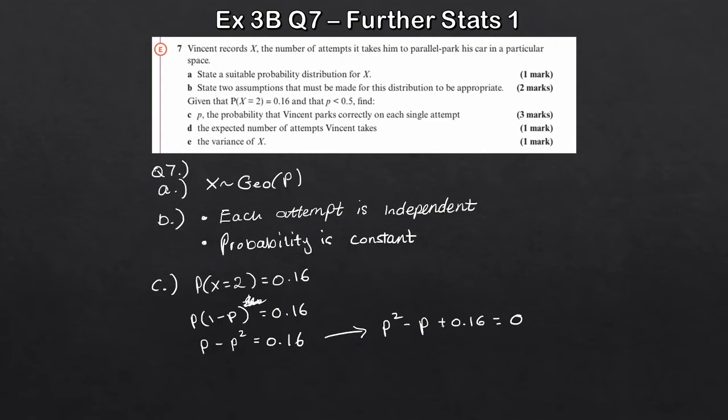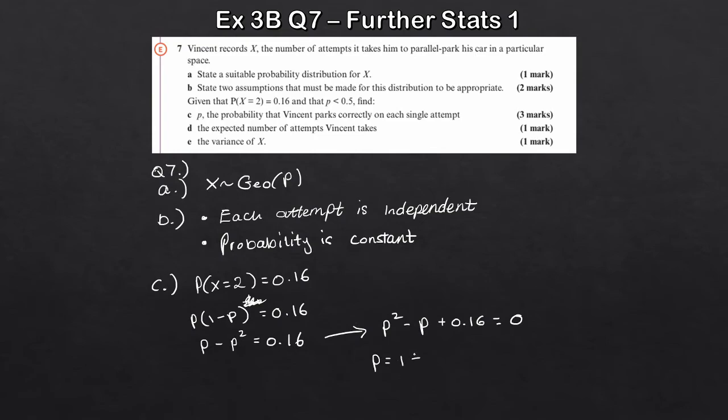Now at this point, it's up to you. You can use your graphical calculator if it has a factorising function on it, and it can factorise expressions like this, or a solve function. But you can either complete the square here or just use the quadratic formula. So I'm going to use the quadratic formula. So P is going to be equal to minus B, so that'd be plus 1 in this case.